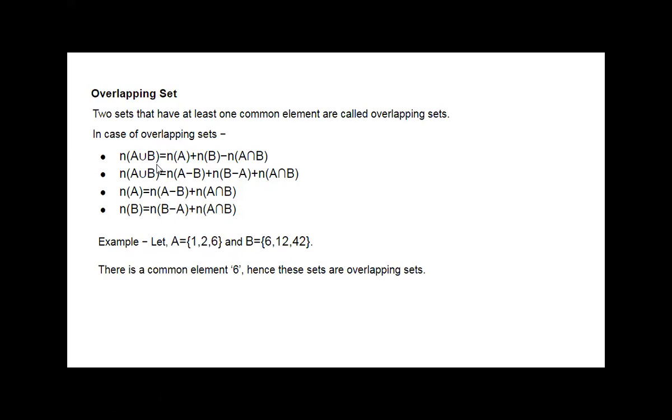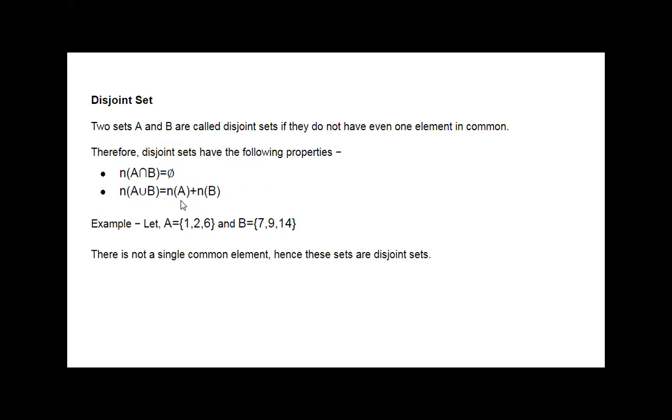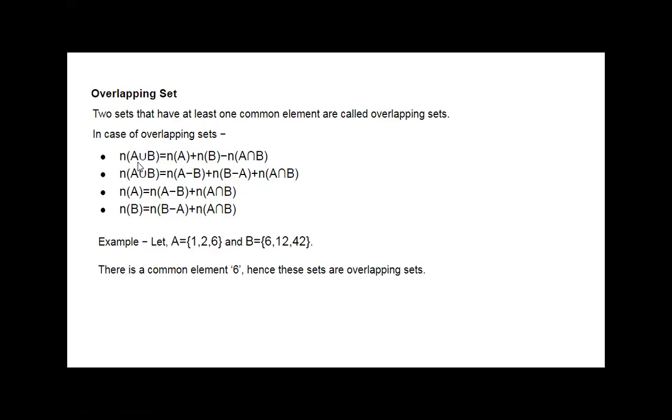Now, with the help of Venn diagrams, these four equations we have are not elaborated, but I will tell you. As the overlapping sets are there in Venn diagrams, we can see all these operations we have seen: the union operation, the disjoint operation, the intersection operation. With the help of Venn diagrams, these equations are proved.